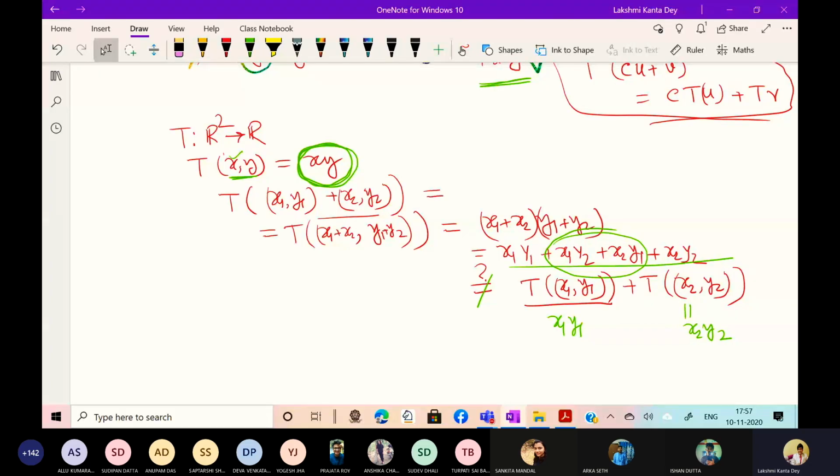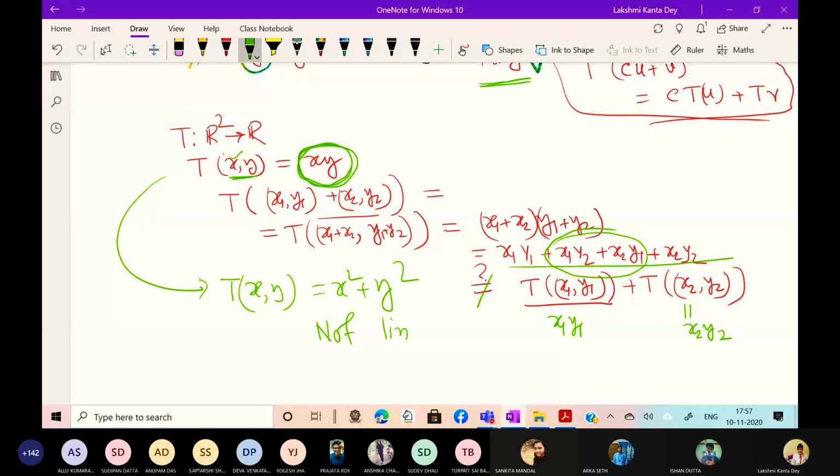If your definition T of (x, y) is x square plus y square, then also it is not linear because it does not satisfy the linearity condition; there will be x1 square plus x2 square plus twice x1 x2, so you cannot write it. Or maybe root x, root y, or x to the power 3 by 2, or x to the power 5, or y to the power 5, or their product. So definitely these are not linear.